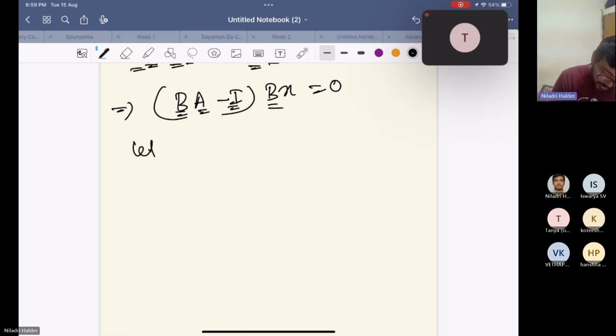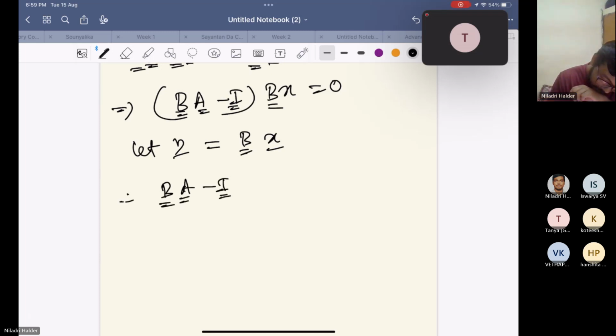Now let Y be another vector that is the same as BX. Then we can write down (BA minus I) into Y equal to 0.